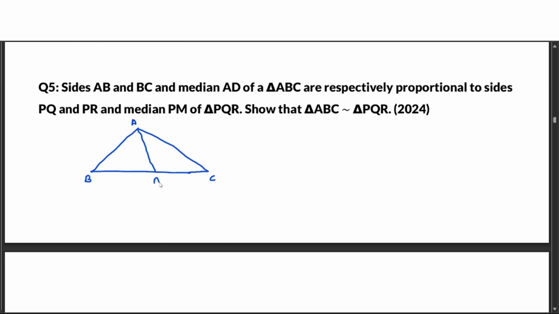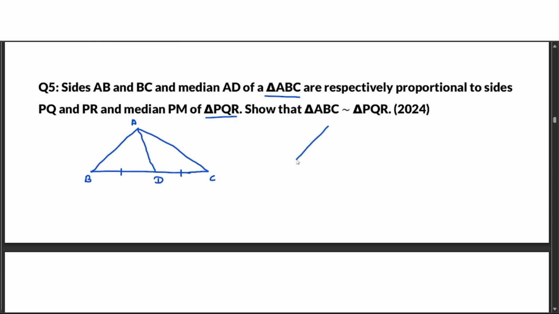So AD is your median, and that will divide the side BC into two equal parts. Same way, they are respectively proportional to the sides PQ and PR and the median PM of triangle PQR.